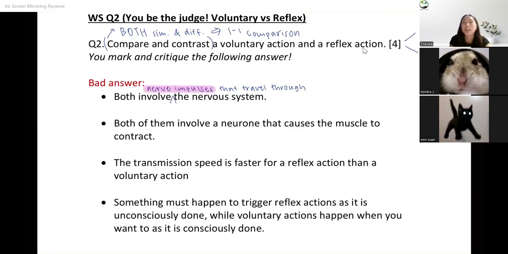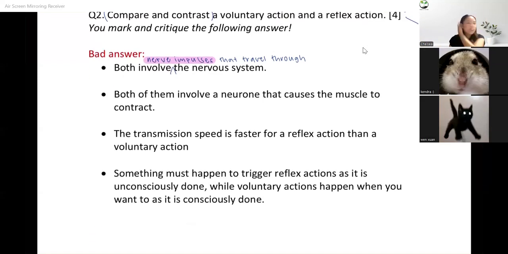This is a very important keyword. Just like a life hack, whenever you're writing an answer, add as many keywords as possible. Make sure your answer is jam-packed full of keywords, so that your examiner knows that you know your stuff. As long as it's conceptually correct, you're not going to be penalized for having more keywords than required. So just add as much as possible.